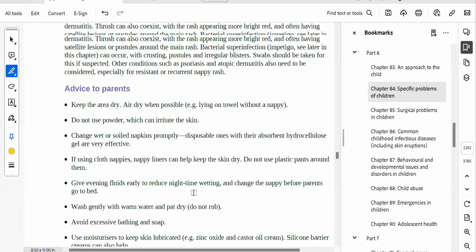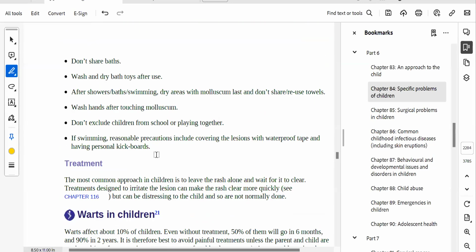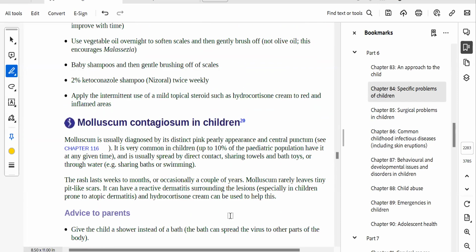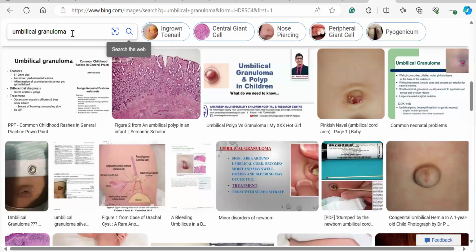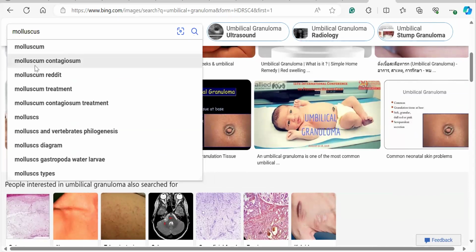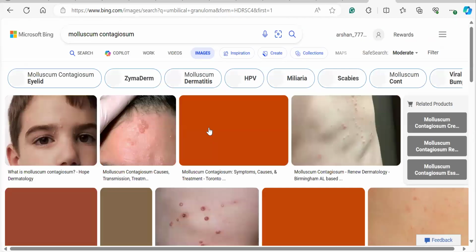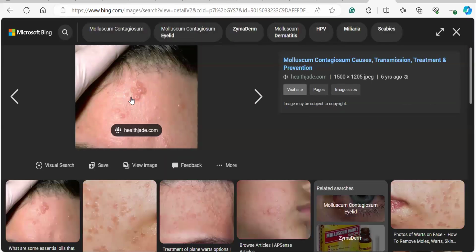The nappy rash, the dermatitis, we will discuss in our dermatology class. There is a condition called molluscum contagiosum, which you should also know. So it's kind of like this. Sometimes children can get this kind of pearly skin growth, and they will have kind of an umbilicated appearance, like there is a dimple in the middle, right?